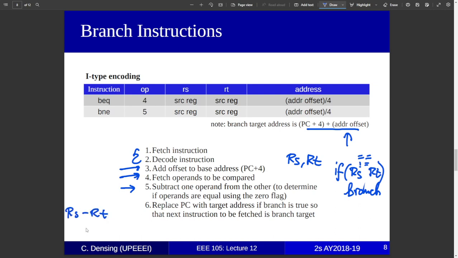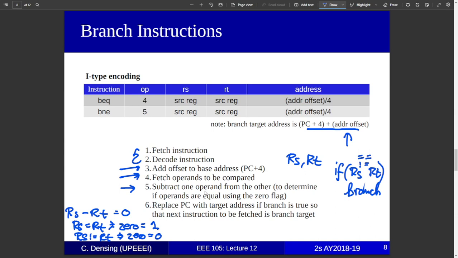Now, what happens here is if RS equals RT, then the zero flag would be 1 because RS minus RT equals 0 there. But if RS was not equal to RT, then the zero flag would be 0. Why is that?